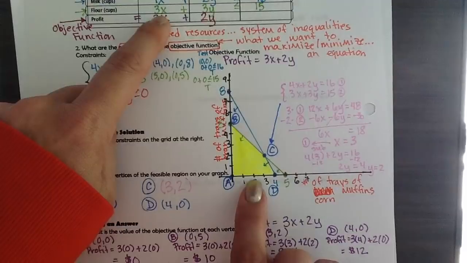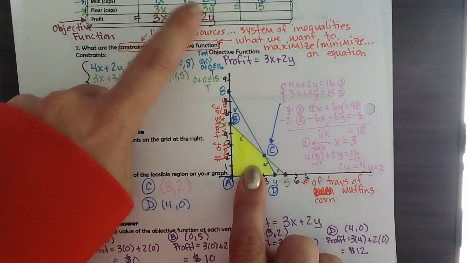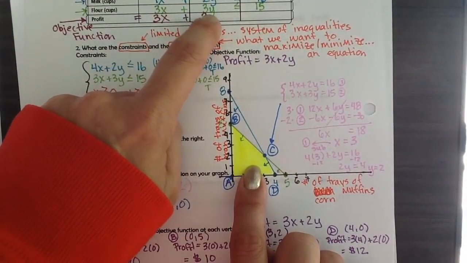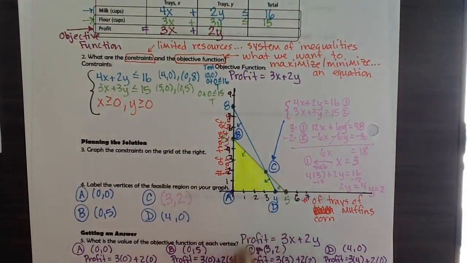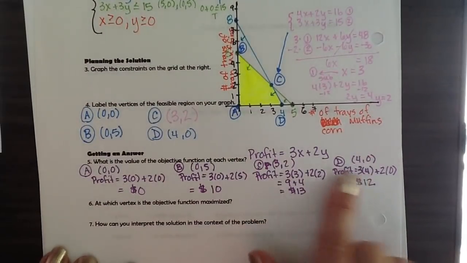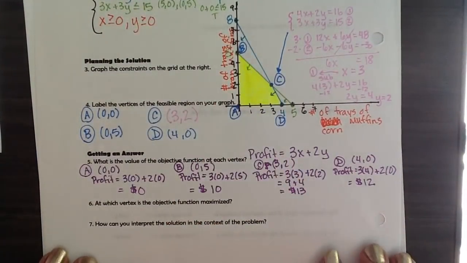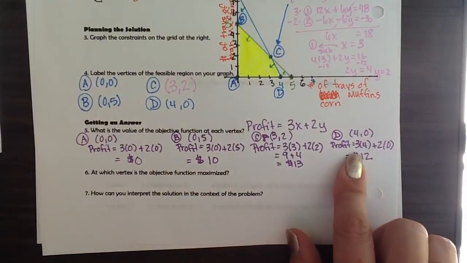Same thing for flour. I could do 3 times 2, which is 6, plus 3 times 1, which is 3, makes 9, which is below my 15. So there's lots and lots of combinations that would work, but the maximum and minimum are guaranteed to happen at one of these 4 vertices. So we only have to put in 4 possibilities.